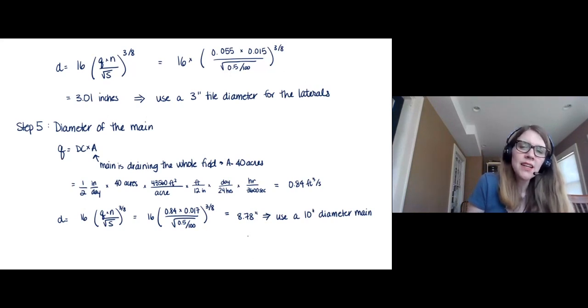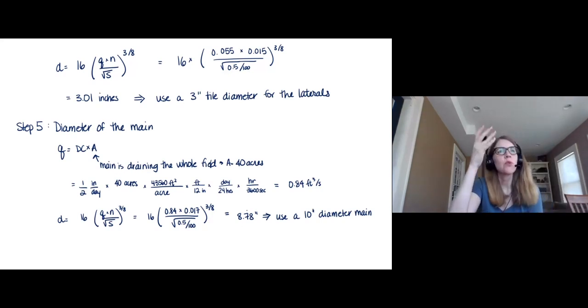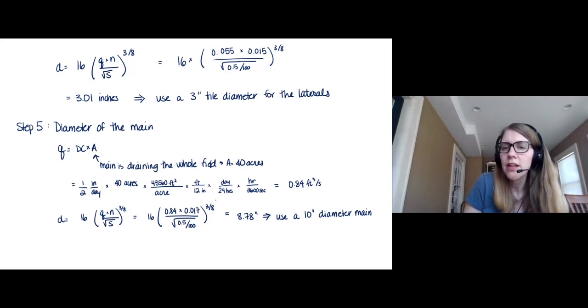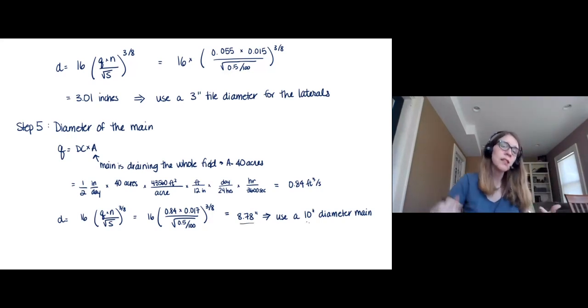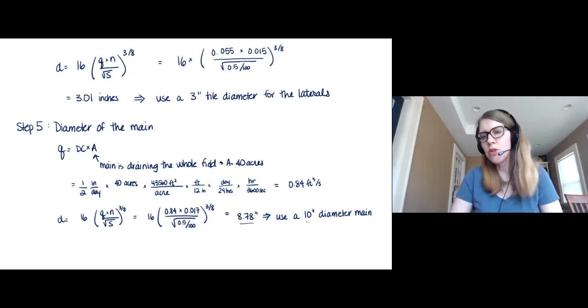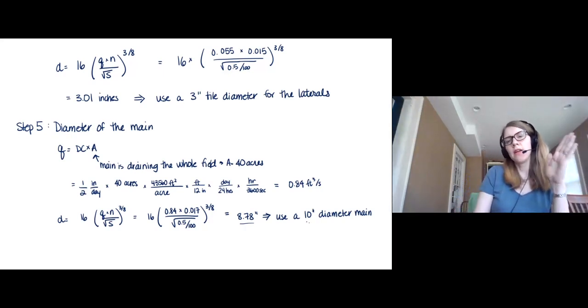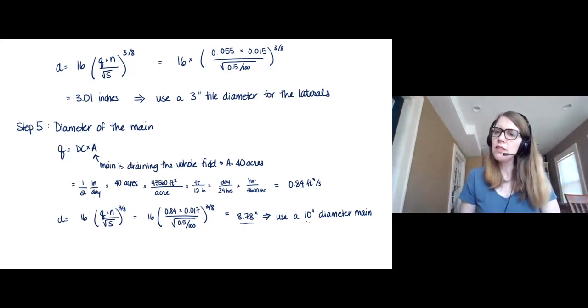So maybe I would correct it here and see if I could get down to just actually 8 inches. But more likely, I'm still going to be at like 8.3 or 8.4 or whatever, even if I change that roughness value. So it's probably smart to stick with the larger roughness value and take this number and round it up to a 10-inch diameter, because here we're looking for the next commercially available size, and it goes from 8 inches to 10 inches.